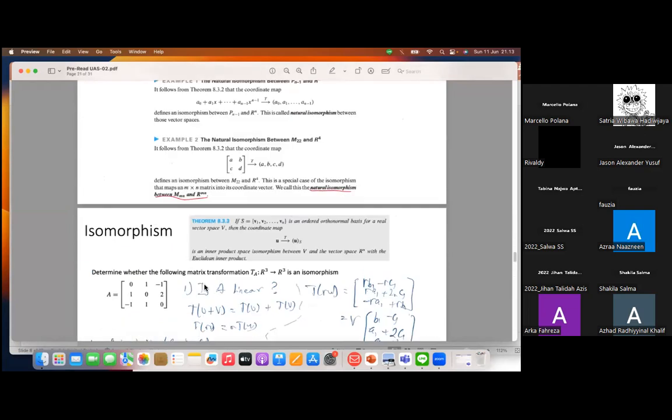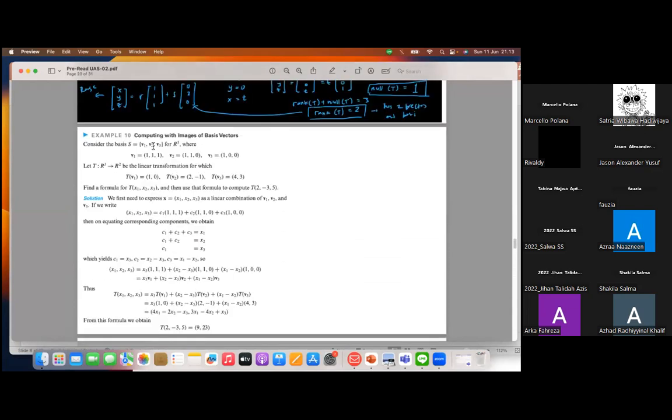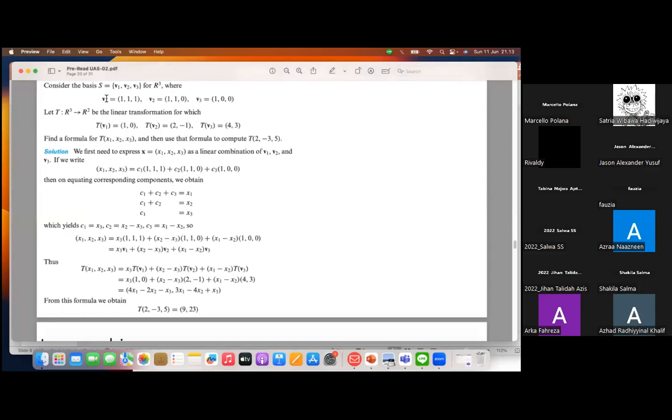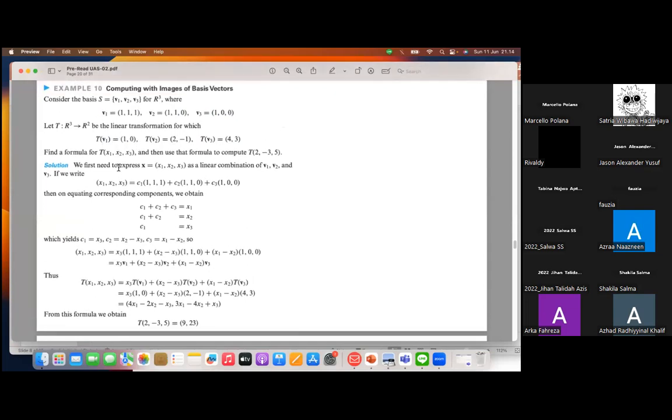Now for this one, if you have a question like this, where the transformation is not known, but you are given a basis like this, and the basis experiences transformation, the first thing that you do is express the basis as a linear combination of x1, x2, and x3.